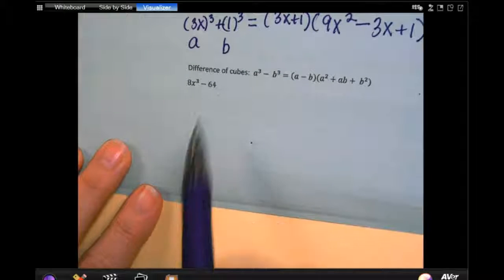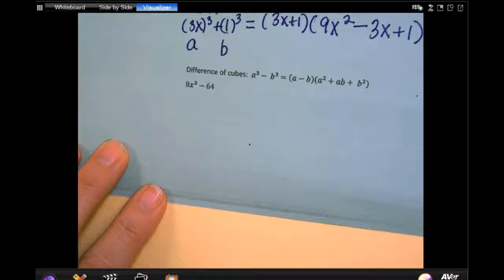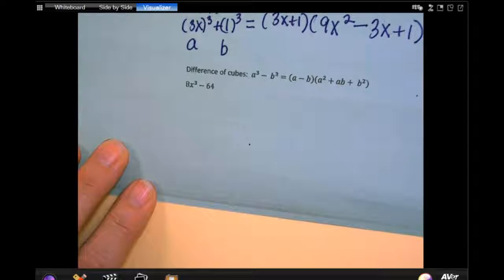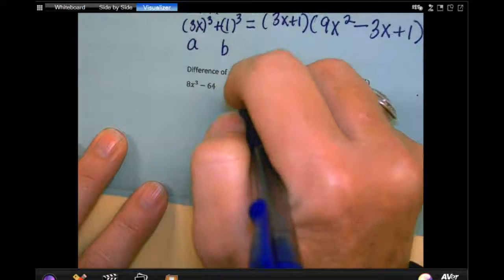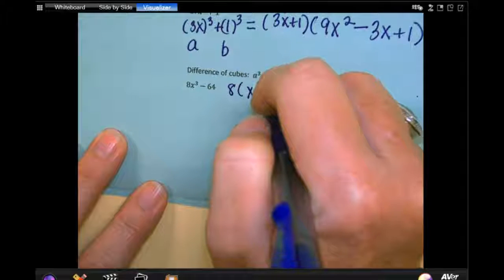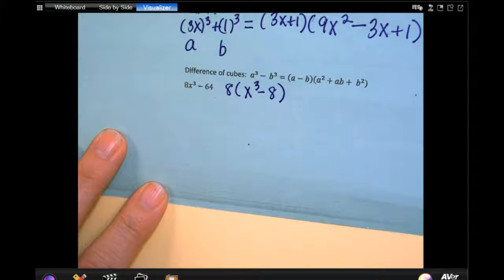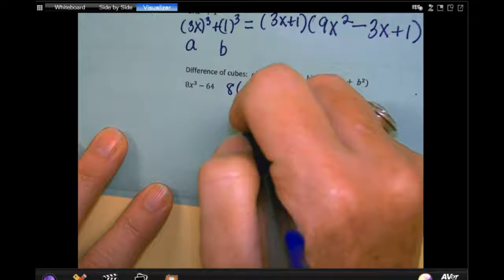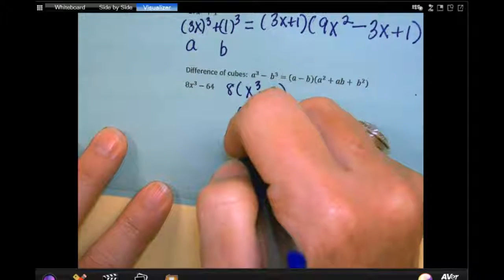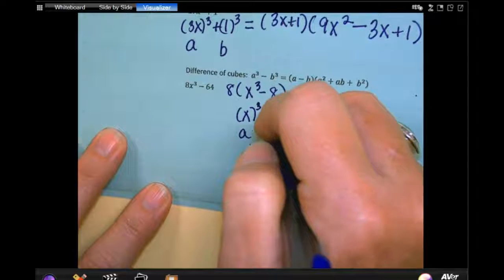So 8x to the third minus 64. First of all, is there a greatest common factor? Yes. So if I take out the greatest common factor, so what's my a in this case? Just x. And my b? 2.